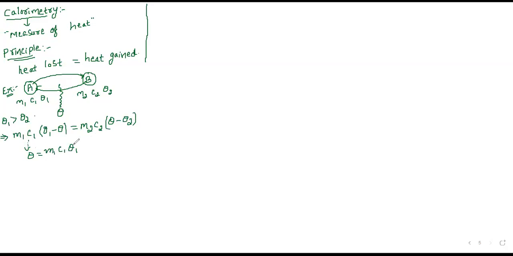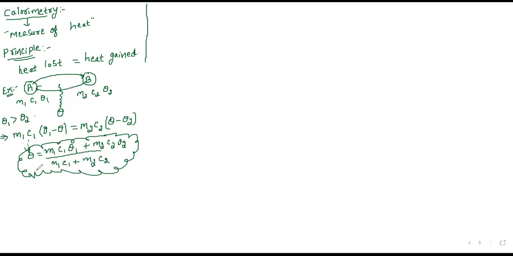That is θ equals (M1 C1 θ1 plus M2 C2 θ2) divided by (M1 C1 plus M2 C2). This is how we find the common temperature of the substances. When two liquids or gases mix, what common temperature will they attain? That can be calculated using this expression, by the principle of calorimetry.